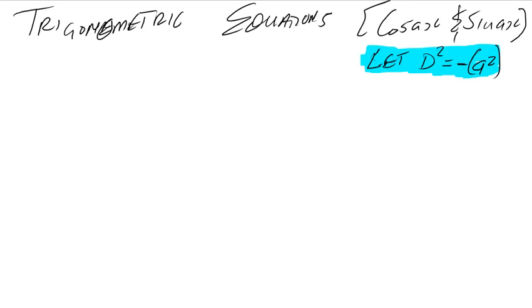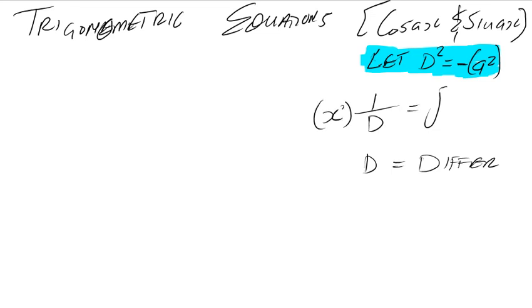Then if you have got 1 over d, it means integration. If you've got d, it means differentiation. Right? So you're gonna need this in that equation. So if you see d, then let's say they gave you x squared there.